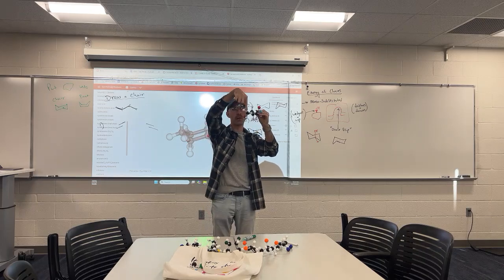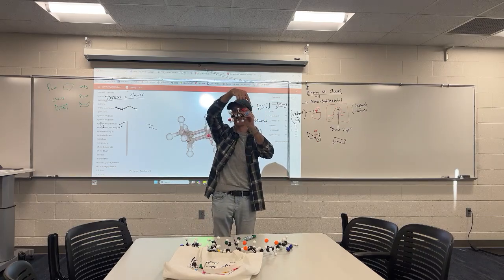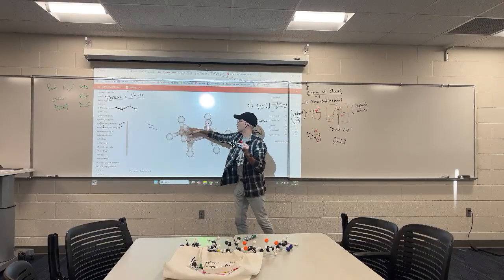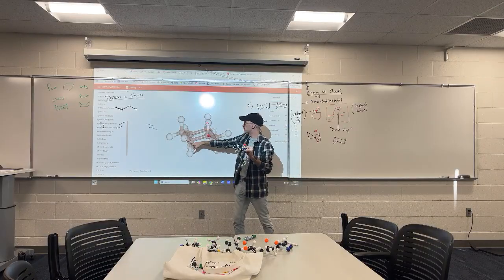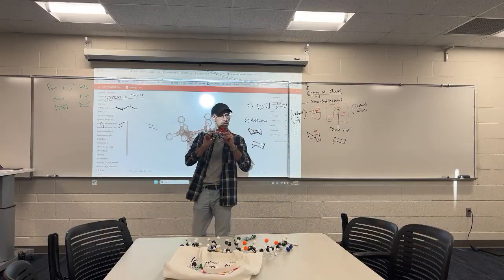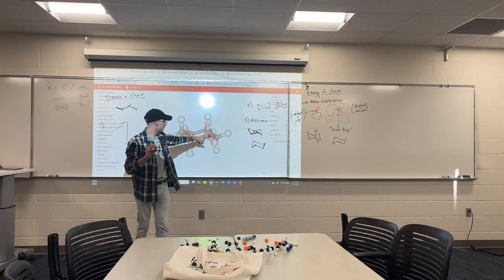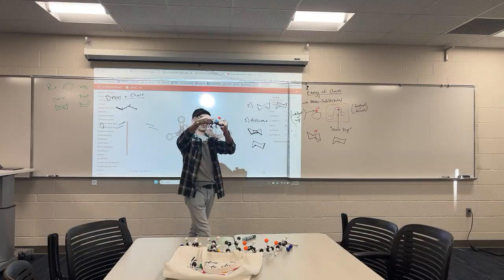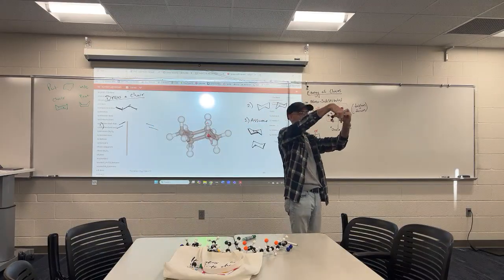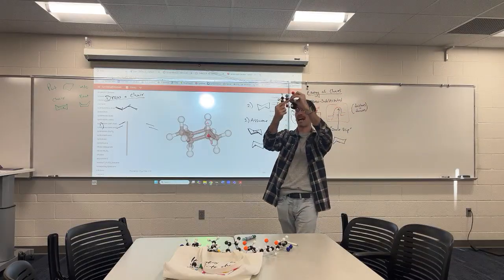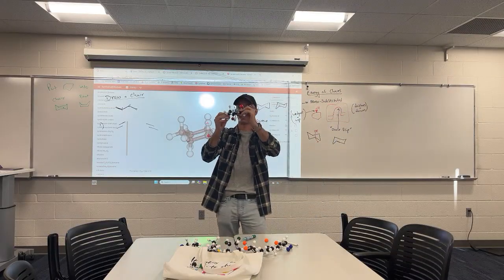The positions 1, 3, and 5, alternating every other, all have the same orientation. And positions 2, 4, and 6 all have the same orientation. So you're going to take one of these carbons that has a group pointing straight up, and twist it in such a way that now that carbon has a group that's pointing straight down.